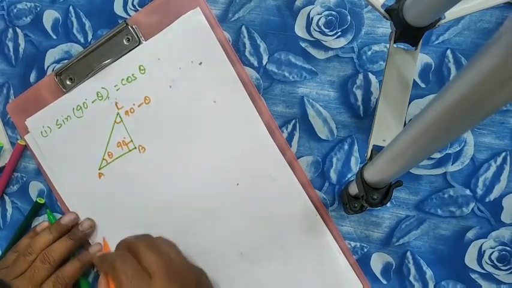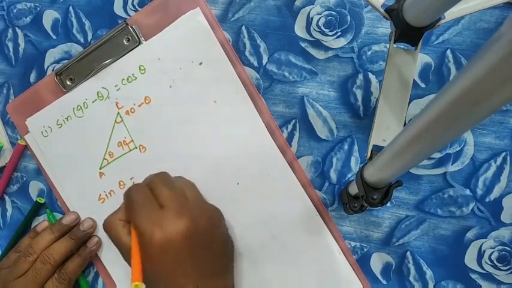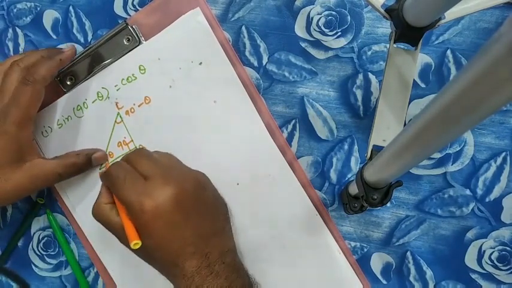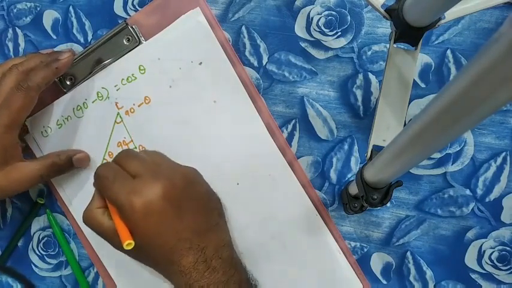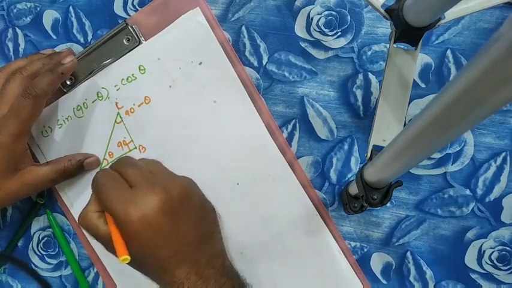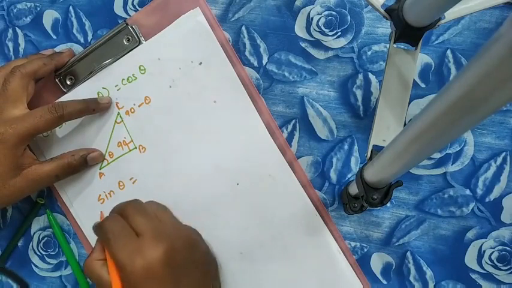Then for sin theta, what will be the value? As we know, the perpendicular is the side in front of the angle we are calculating. Hence for angle A, or angle theta, the perpendicular will be BC.